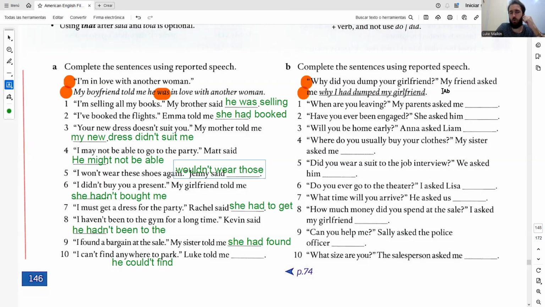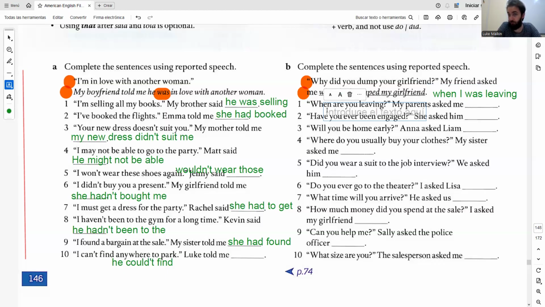Number one, when are you leaving? My parents asked me when I was leaving. Not enough space here. My parents asked me when I was leaving. Two, have you ever been engaged? She asked him, this is a yes no question.